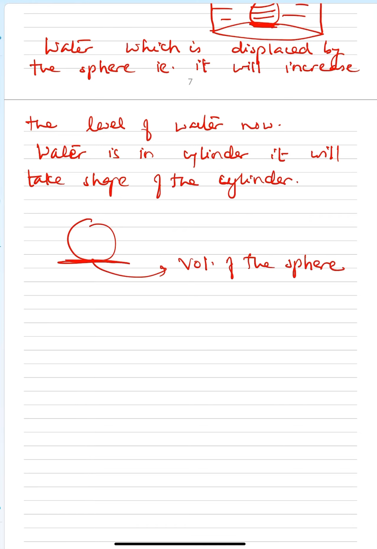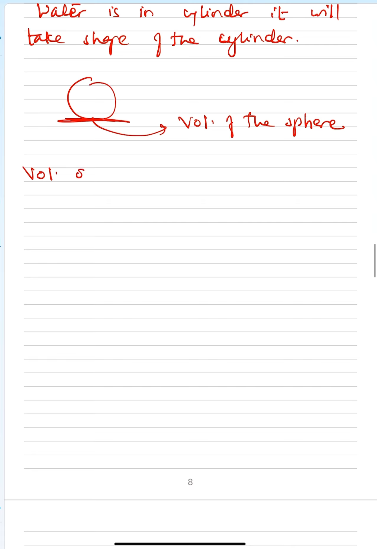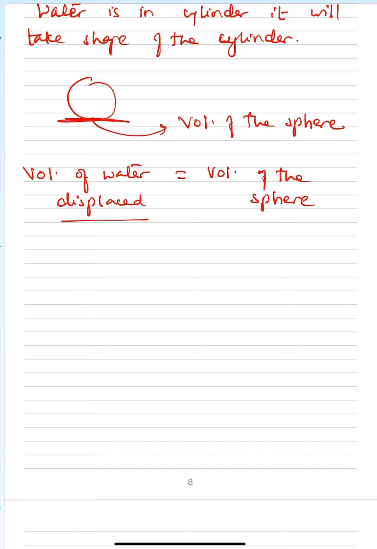Okay, this displaced water is now replaced by the sphere, so we can say that volume of the water displaced is equal to volume of the sphere. Here I will use volume of the cylinder.